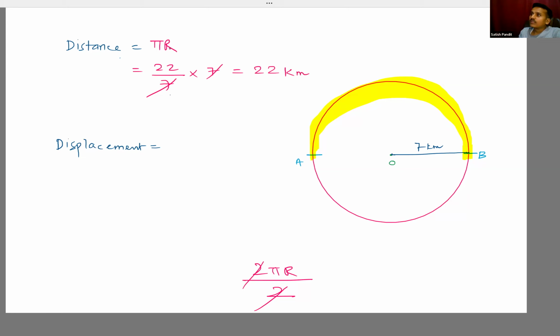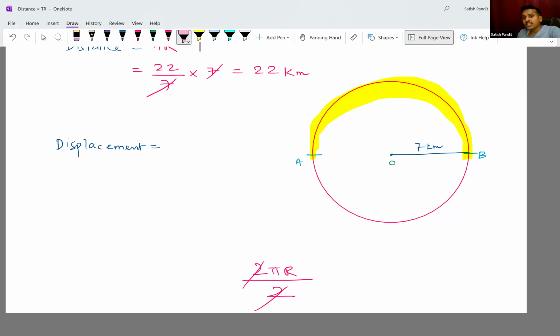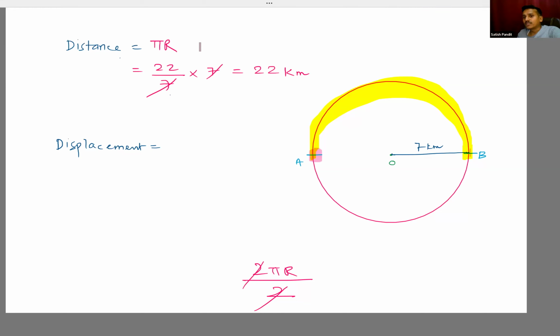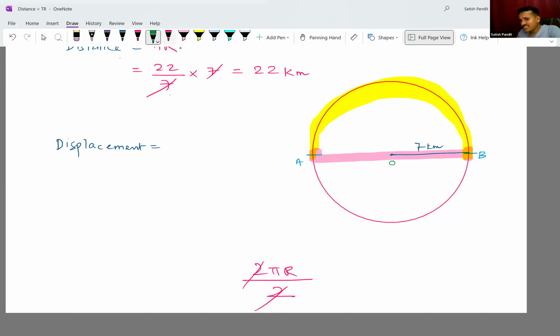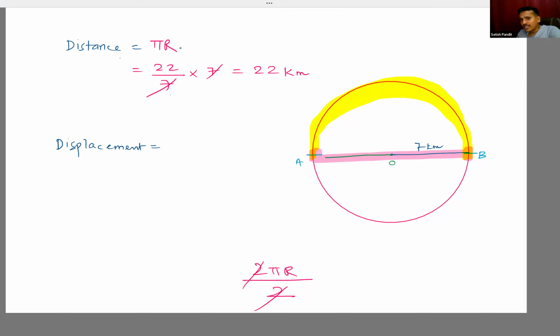Kilometer. And what will be the displacement? See, displacement is the shortest distance between the initial point and the final point. Initial point is A, final point is B. Shortest distance is a straight line. Now, radius is 7. So this will also be 7 only, right? Because what is the radius of a circle?